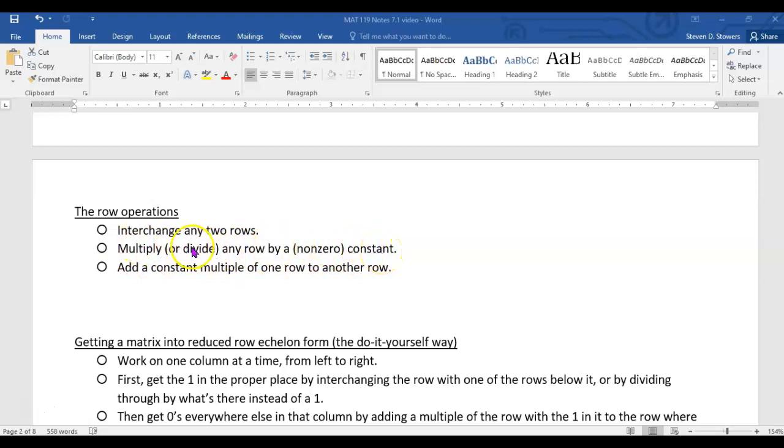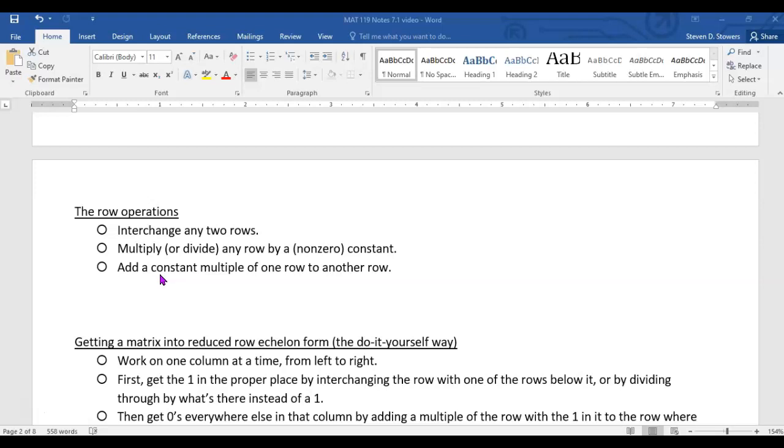And since we can multiply by something like 1/2 or 1/3, that means we can divide through by 2 or 3 or whatever. And adding a multiple of one equation to another equation would be essentially the same thing as adding a multiple of one row to another row. So those are the legal moves.